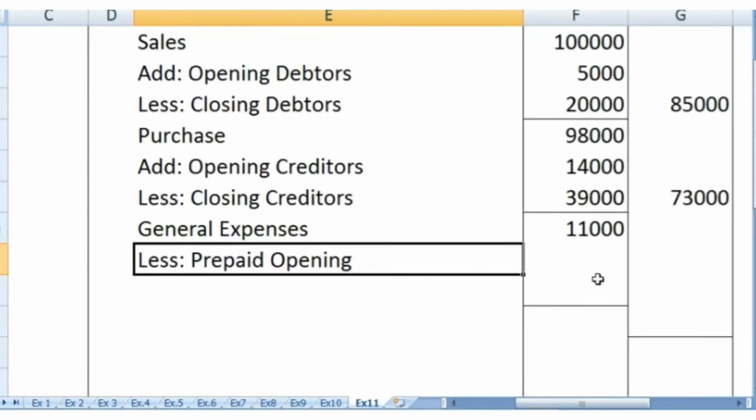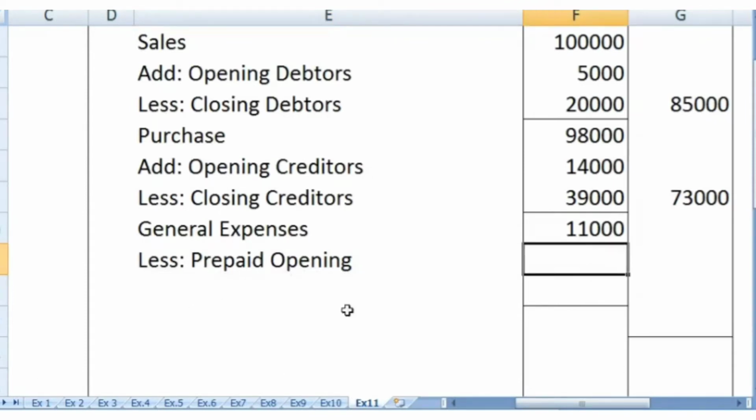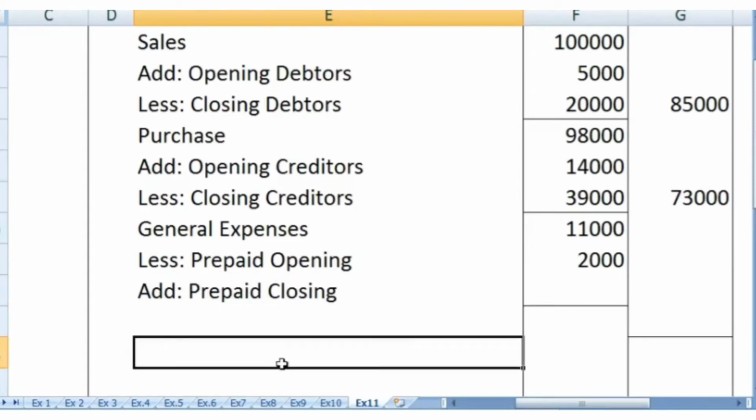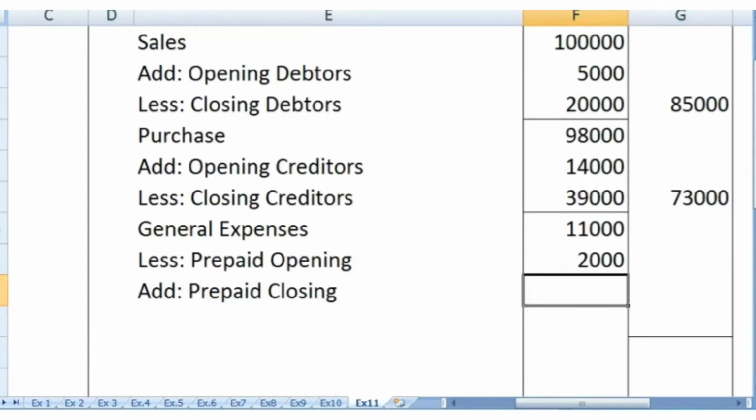Opening prepaid expenses is 2,000 and closing prepaid expenses is rupees 4,000. So 11,000 is the expense, less opening and add closing.